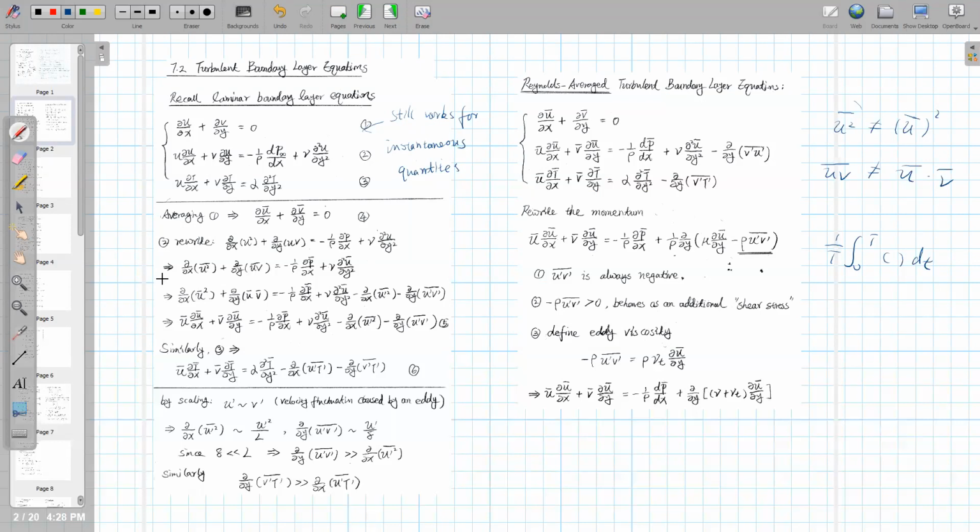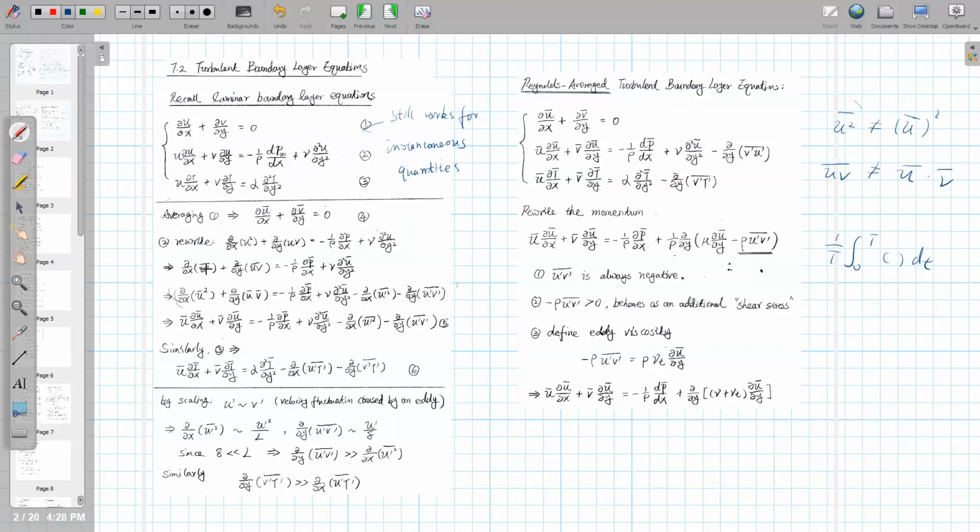I think I neglected one term here in the middle. This term. This equation is not coming from here. This equation is obtained by using this equation, and you can do that. So this is from this equation to this equation.